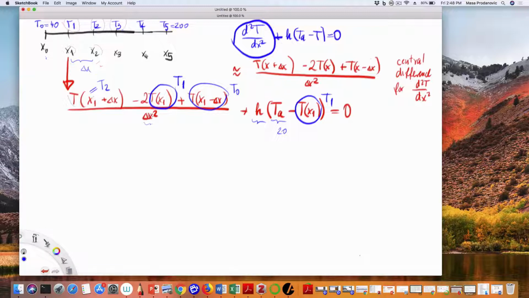Okay, let's get back to it. Let's clean it up a little. I'm going to multiply with delta x squared. So I'm going to have T2 minus 2T1 plus T0, which is 40. So I'm just going to write 40, plus H, which is 0.01, times TA, which is 20, minus T1 is equal to 0.